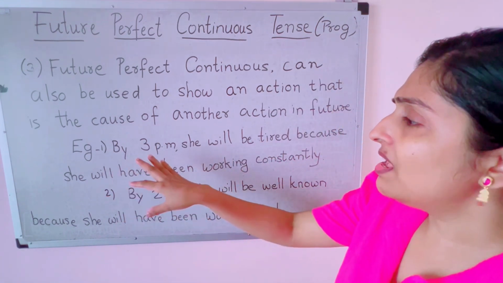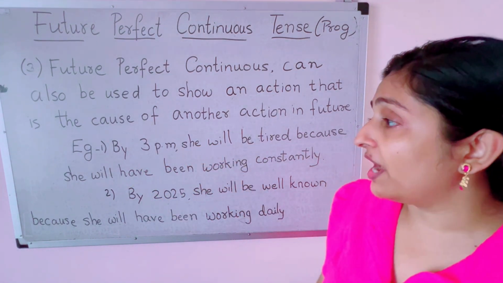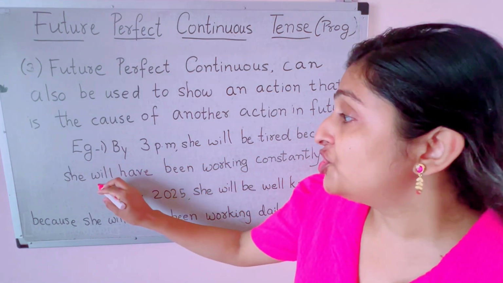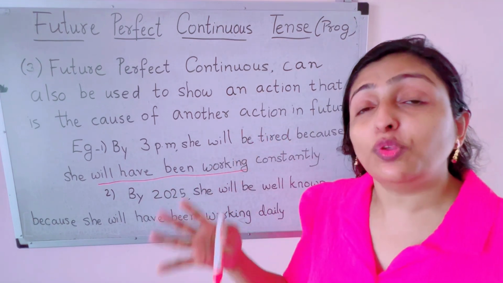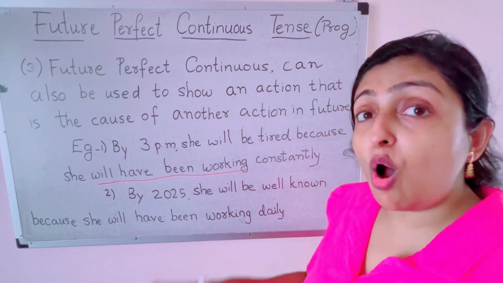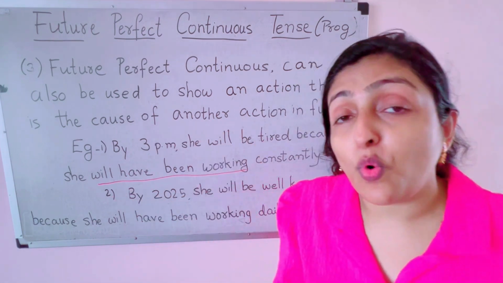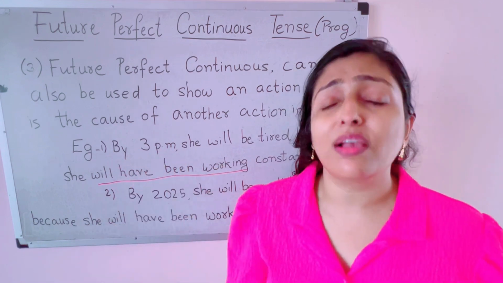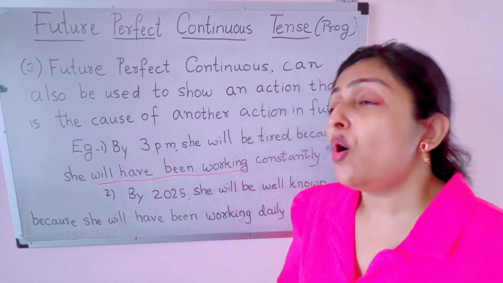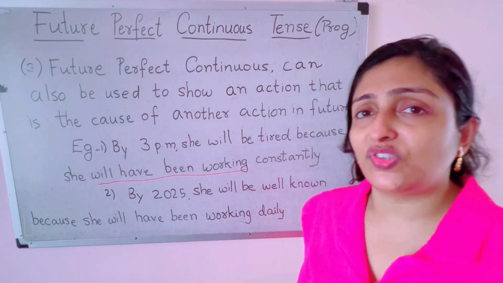Example, by 3 p.m. she will be tired because she will have been working constantly. So the emphasis is on will have been working. I need to show how much dedicated or committed or struggling she is. So I have used she will have been working constantly.